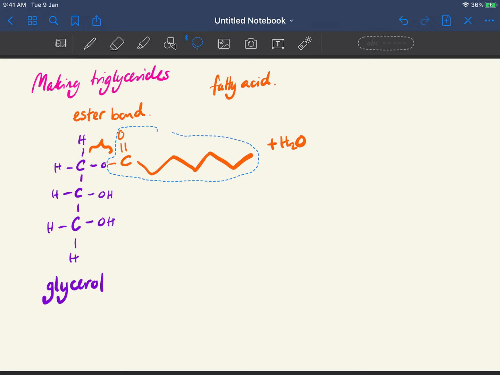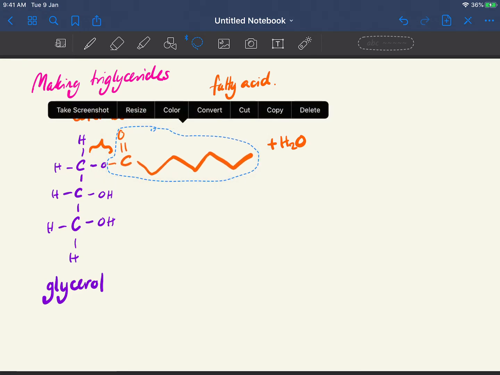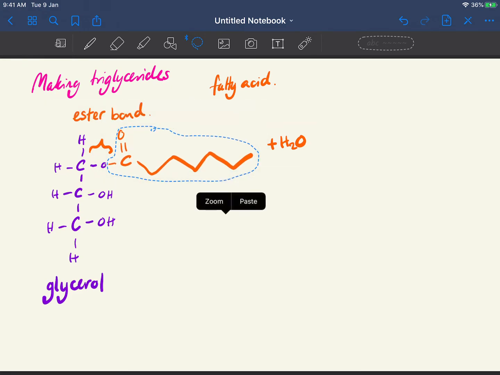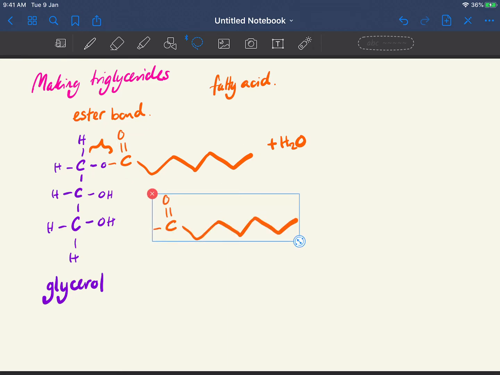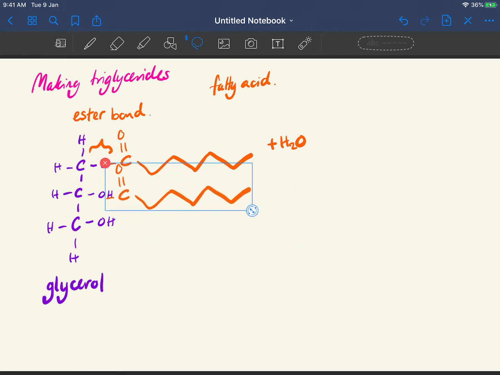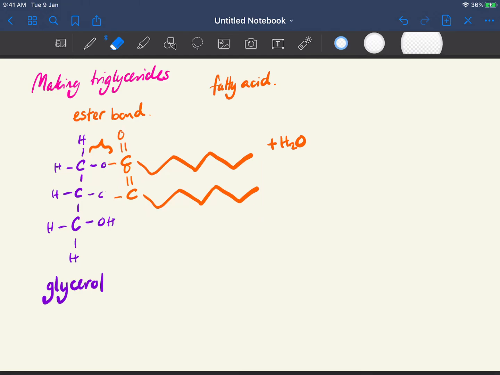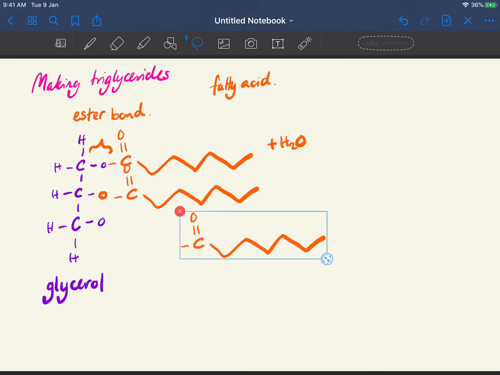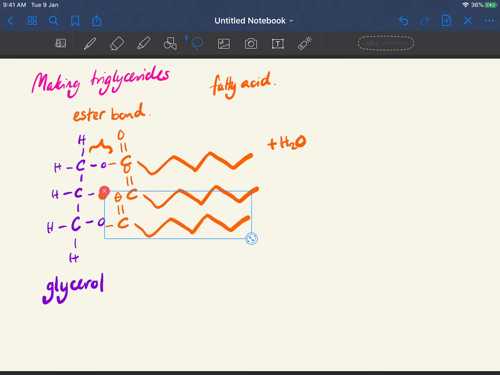I'm going to cheat again and copy and paste. You should be able to see that we will end up with 3 fatty acid chains linked to our glycerol molecule.